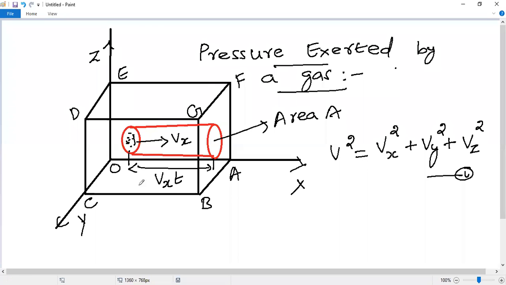Now, listen everyone. The particle is moving along the x-axis. The molecule moves with momentum.